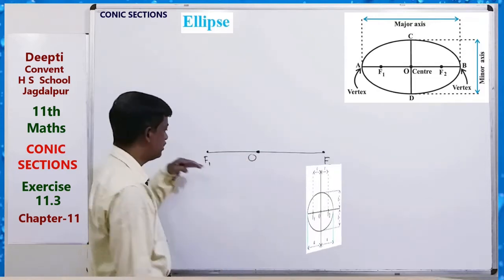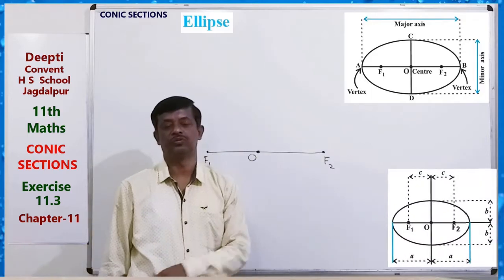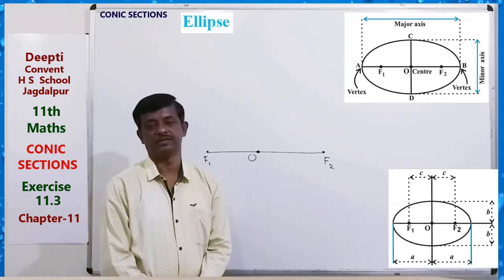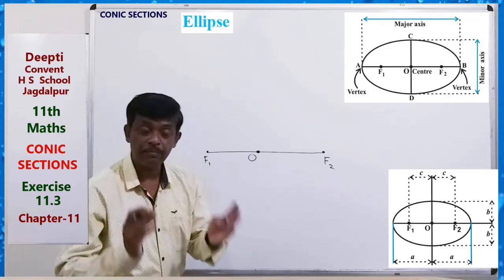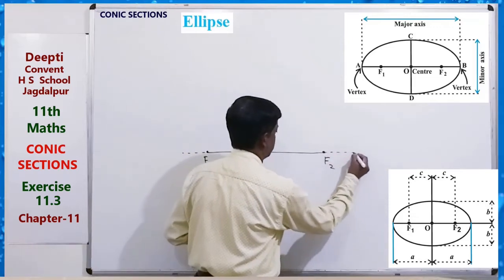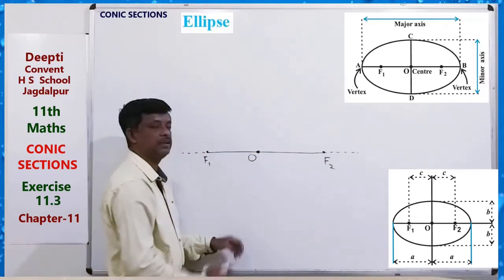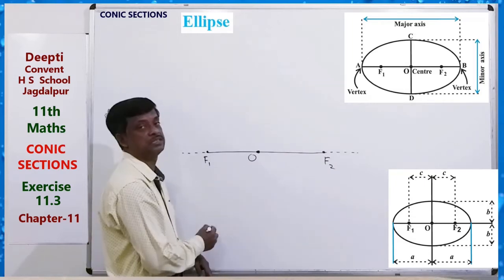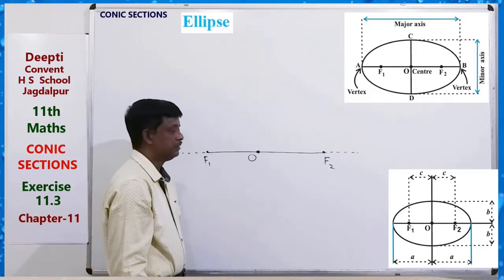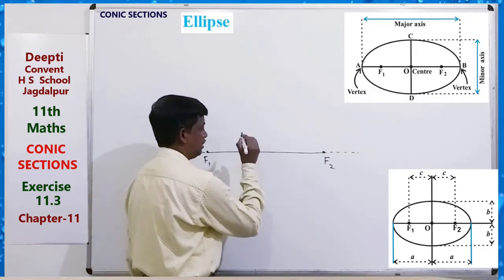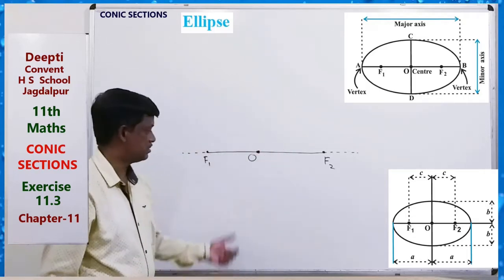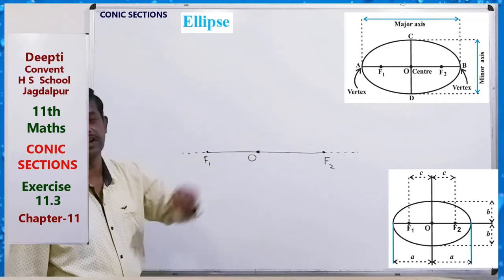And the line segment passing through F1 and F2 is the major axis. You can see it in the diagram also. Clear? Major axis and center. This is the center. This line segment is the major axis. These are the foci.